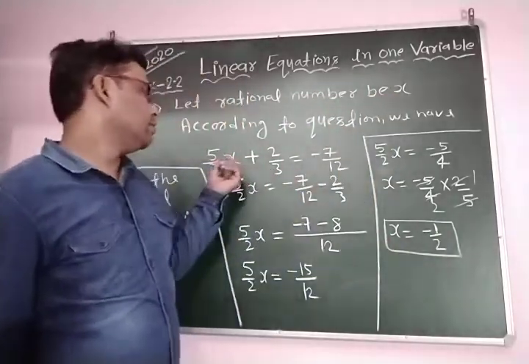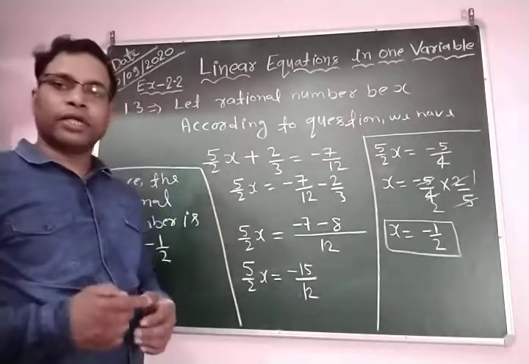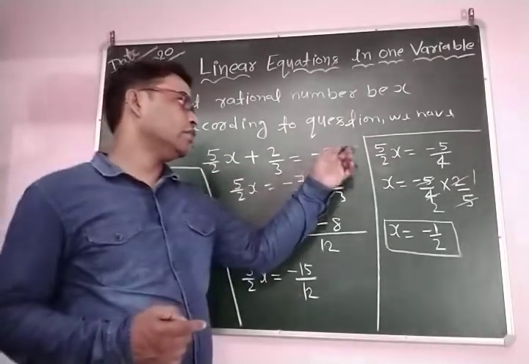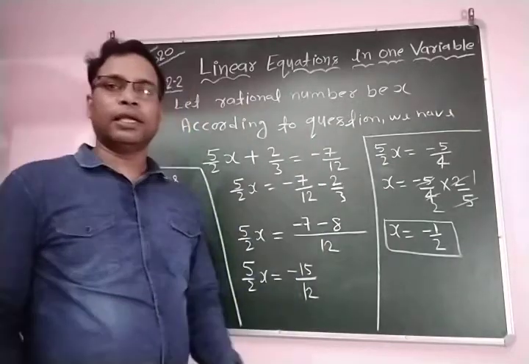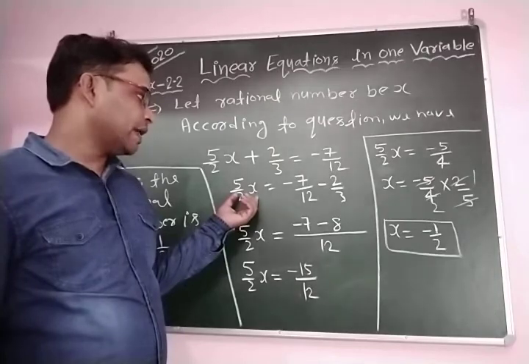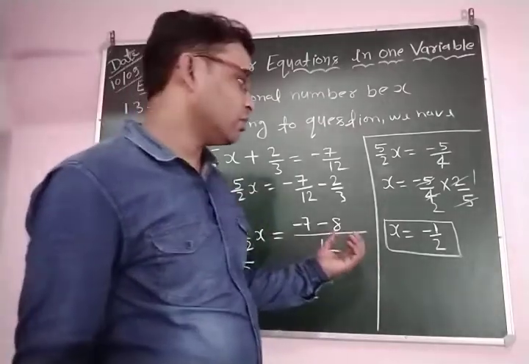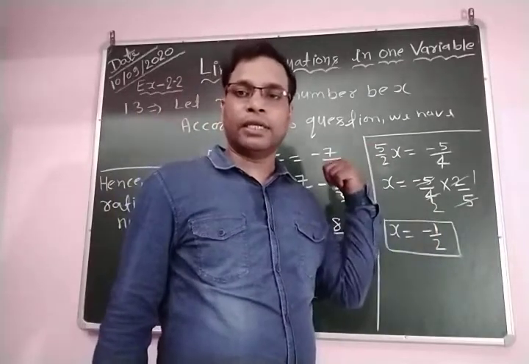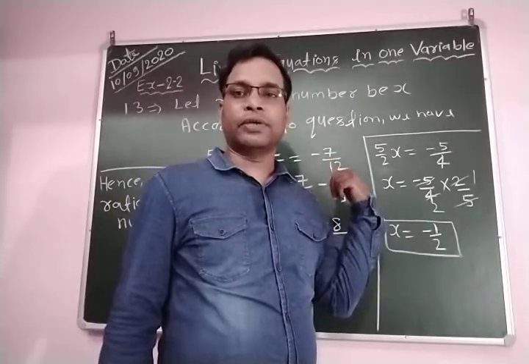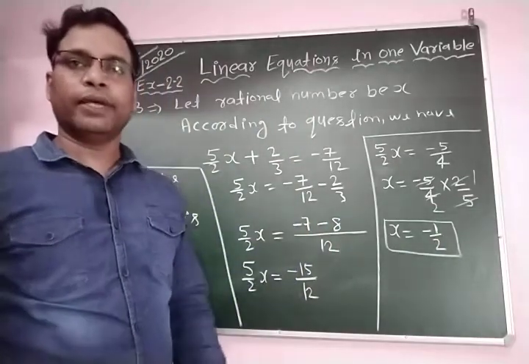After this, we multiply x by 5 by 2 and add 2 by 3 to the product, and we get minus 7 by 12. We simplify and solve, and we find the value of x is minus 1 by 2, where we let x be the rational number. So our required rational number is minus 1 by 2.